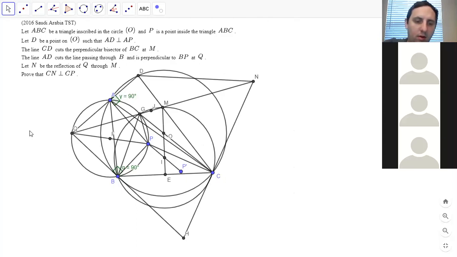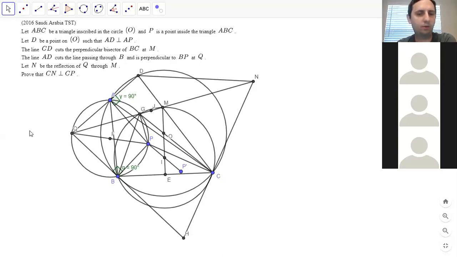Because P prime is the orthogonal conjugate of P, P prime QN equals P prime NQ, which is equal to angle PQH equal to angle PNH, and so angle PGC equals angle PNC, so that GNCC is cyclic. So I think you did the whole.